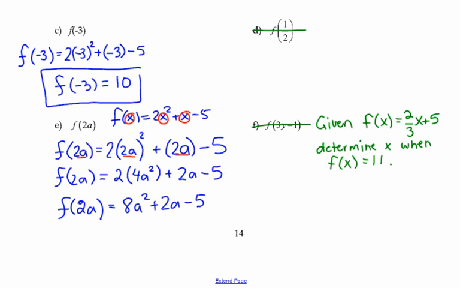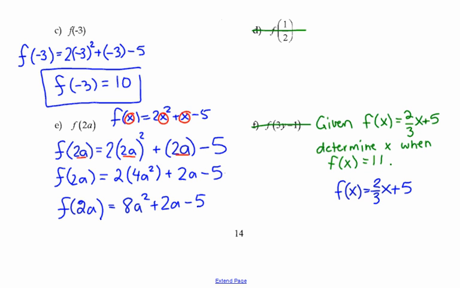Who did they give us? The y value, the output. And we are looking for x. So with my equation of f of x equals 2/3 x plus 5, so write out your equation and then we replace. Who are we replacing?